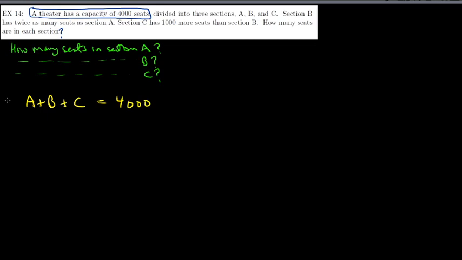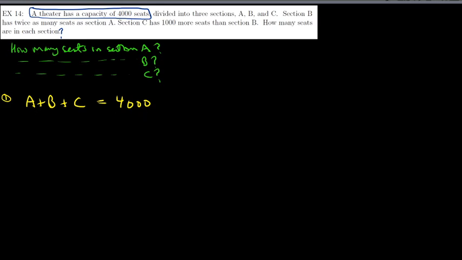That's my equation 1. Now instead of x, y, and z, our variables are A, B, and C, which just refer to the sections. If you want to use x, y, and z, be my guest, but I think A, B, and C works just fine here.